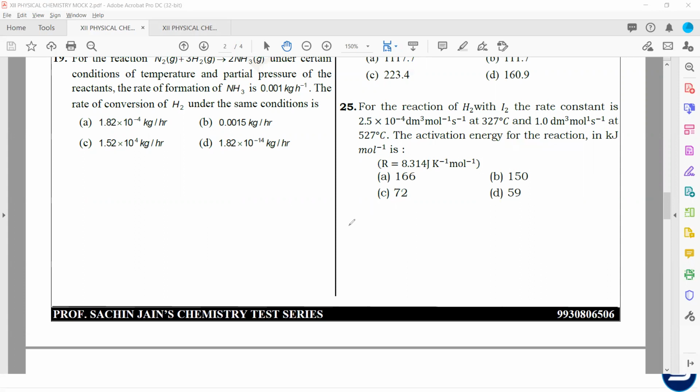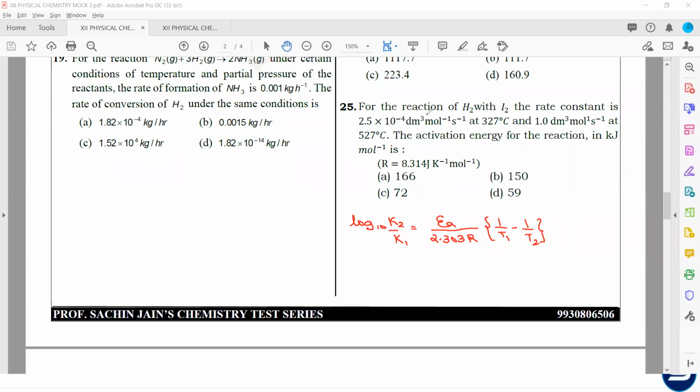Log of K2 by K1 is equal to Ea upon 2.303 R into 1 by T1 minus 1 by T2.